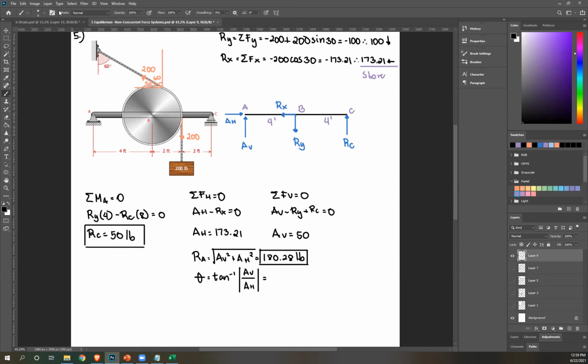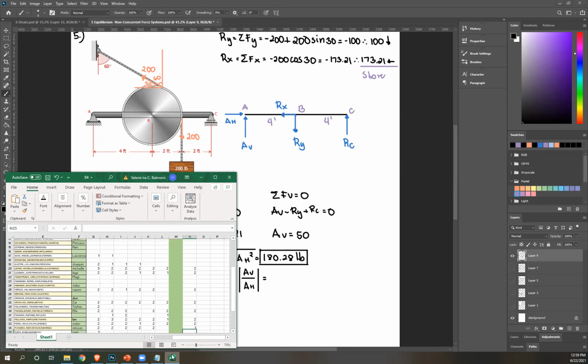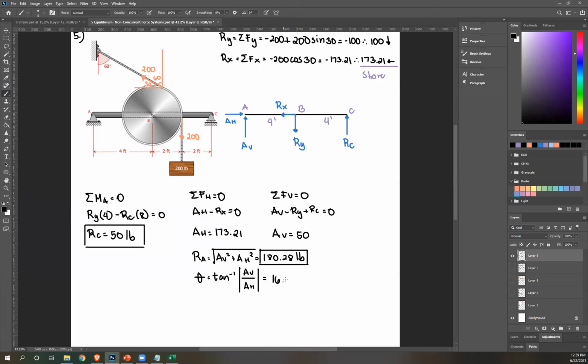Correct. It's 16.10 degrees. And then check: AH to the right, AV upward. So upwards to the right.